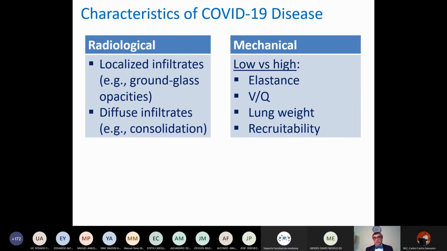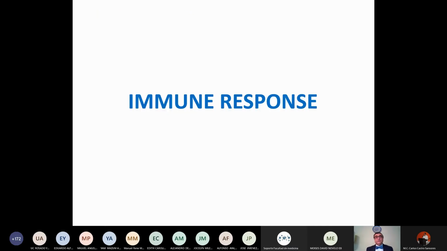Then we have radiological characteristics, but it may not be as specific as we want. Then we have mechanical, okay, the ventilation issue, perfusion issue, the lung weight, the recruitability, and the ratio, or we call it elastance. So these are the four distinct characteristics.